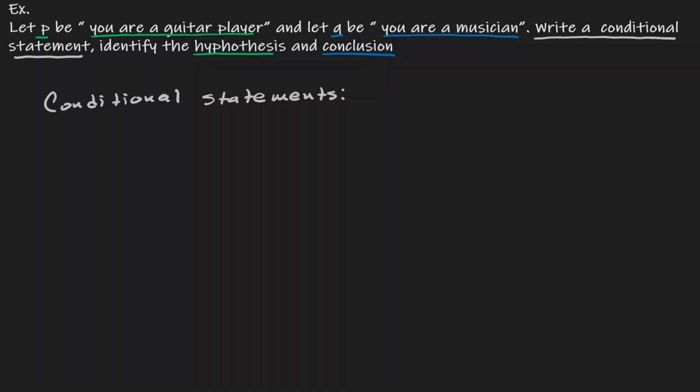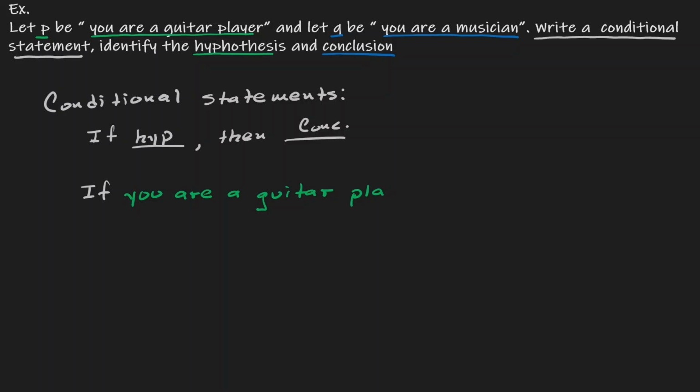They always look in the form: if the hypothesis, comma, then the conclusion. So all we have to do is fill in the blanks. If, what was my hypothesis? You are a guitar player. So, if you are a guitar player, comma, then you are a musician.